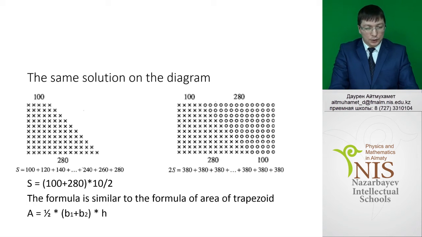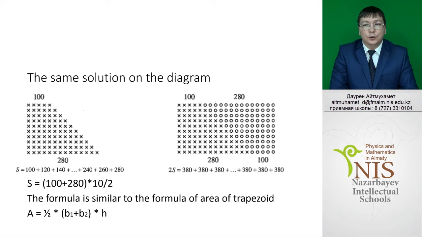Area of a trapezoid is 1/2 of the sum of its bases multiplied by the height. So basically you already knew the formula, but in a different context. And now you know the formula for the sum of the first n terms of an arithmetic sequence.